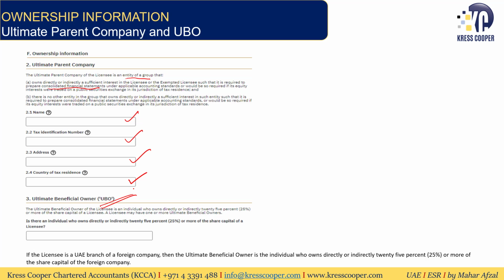It has been very clearly written in the law that the ultimate beneficial owner is an individual, a natural person, not a legal company, who owns directly or indirectly 25% or more of the share capital of the licensee.